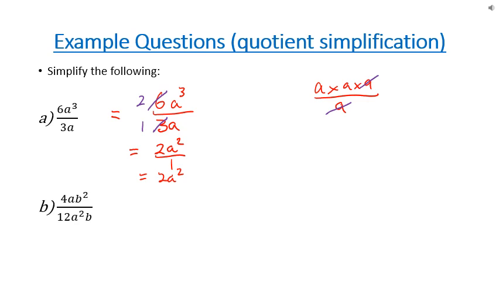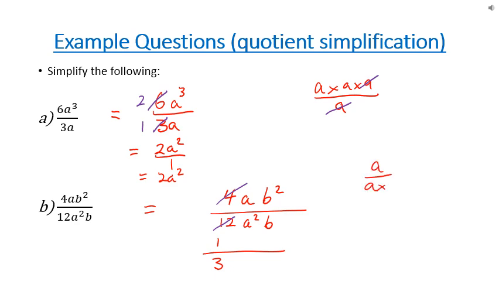If we're going to do our second example question here, we have 4a b to the power of 2 all over 12 a squared and b. We can cancel off. 4 and 12 becomes 1 and 3. A over a squared is simply this. So we can cancel off an a and an a, which leaves a 1 and an a.